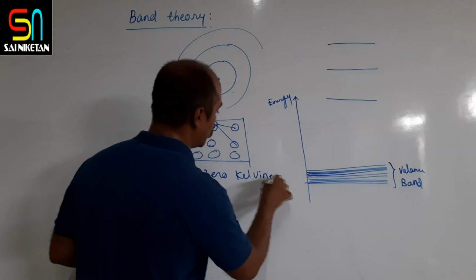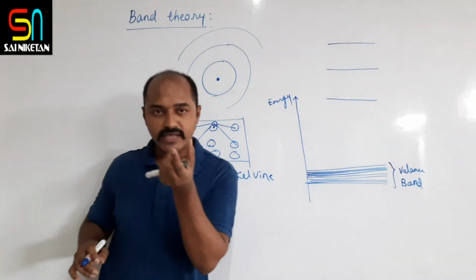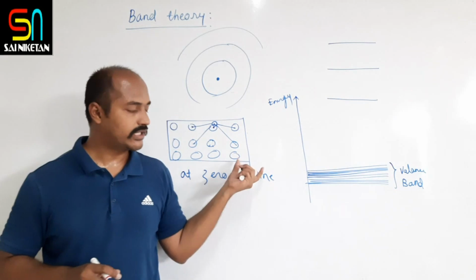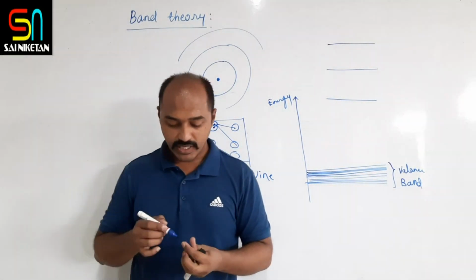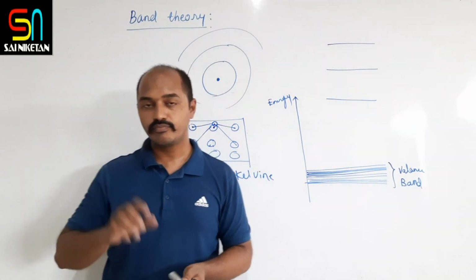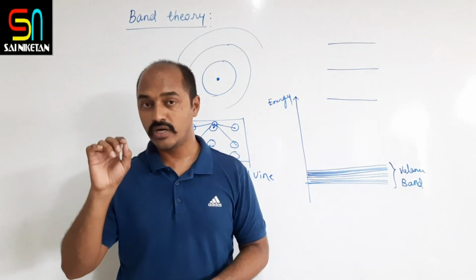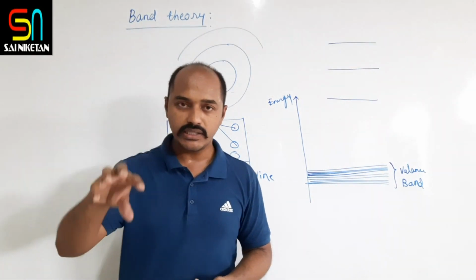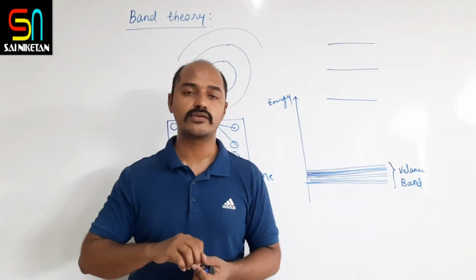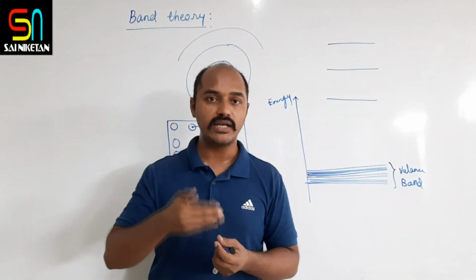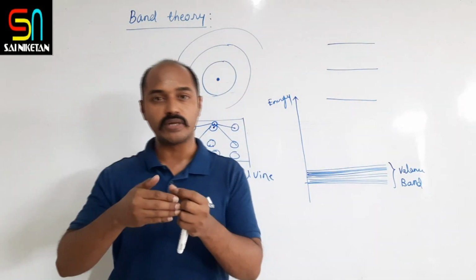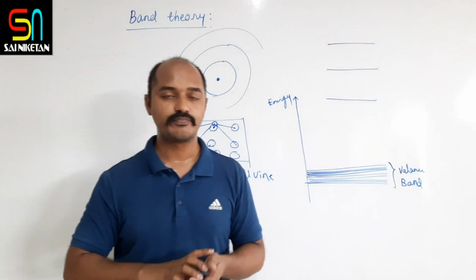If you take the same material at room temperature, the valence electron, because of the presence of heat at room temperature, absorbs the heat, and that energy is sufficient to get removed from the valence band.